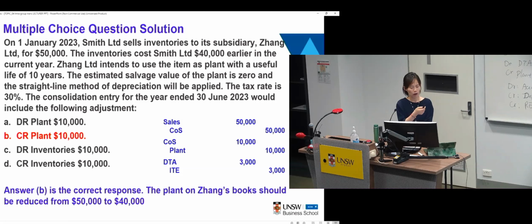However, the buyer recognizes the acquired item as a plant. Therefore, it is the carrying amount of the plant that is required to be adjusted in your consolidation worksheet.